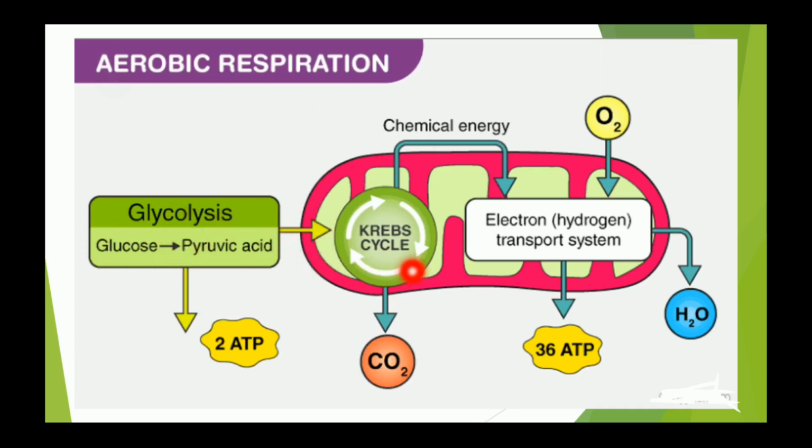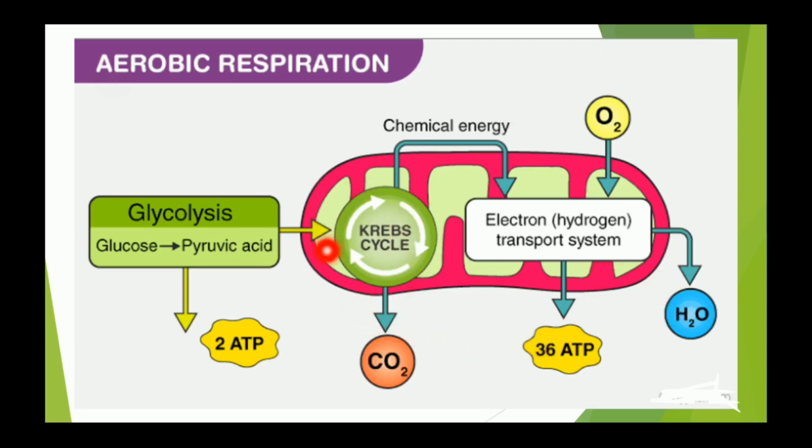After that, the Krebs cycle is there. As I told you, in the Krebs cycle the further breakdown of pyruvic acid takes place, which forms carbon dioxide, water, and energy.